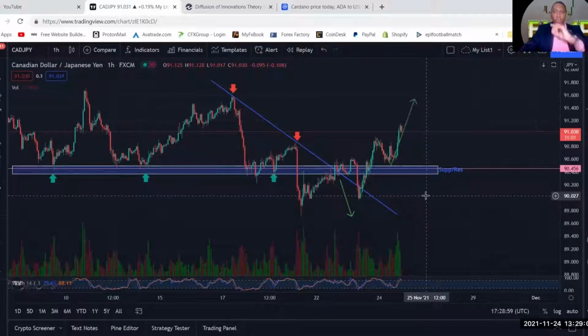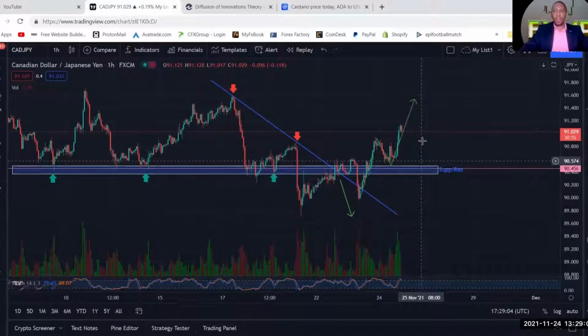A lot of people don't know that. So when the price of oil increases, you would usually find that the value of the Canadian dollar will also increase. When the price of oil decreases, the value of the Canadian dollar will also decrease, and then you would be most likely trading against the Canadian dollar on the forex market.